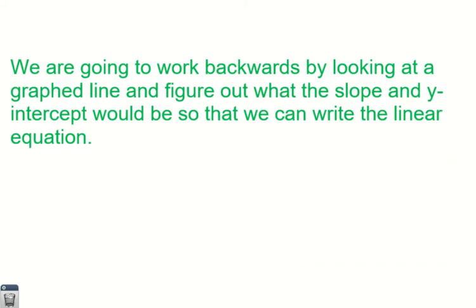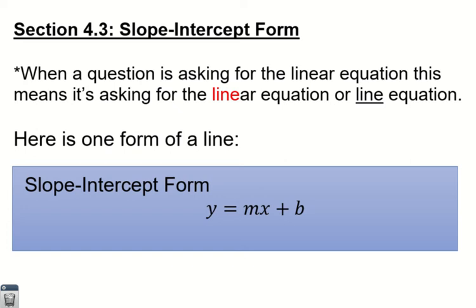This is what I do want you to write down for sure. I want you to remember that the m would be the slope of our line, as long as it's in this form.